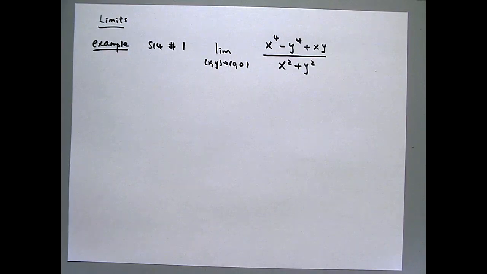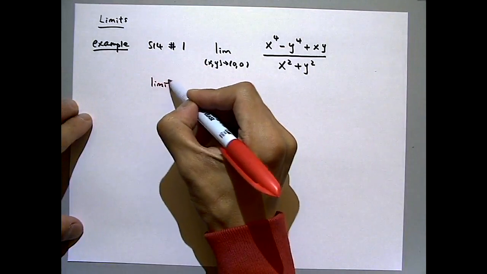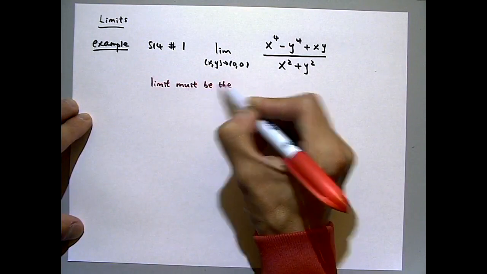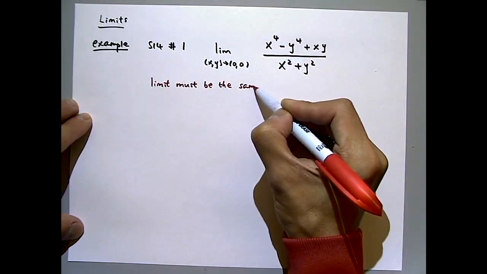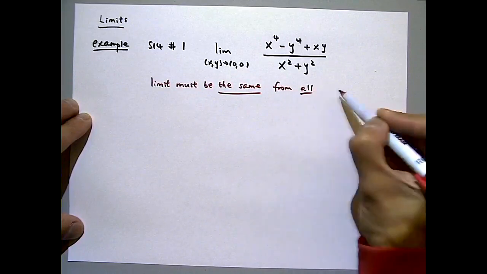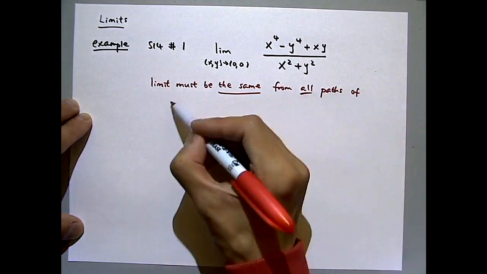The key of the limit problem is the limit must be the same from all paths of approach.